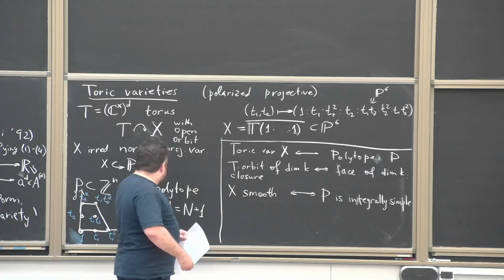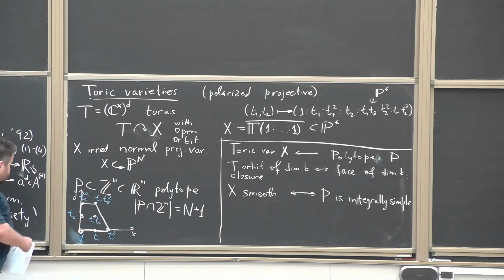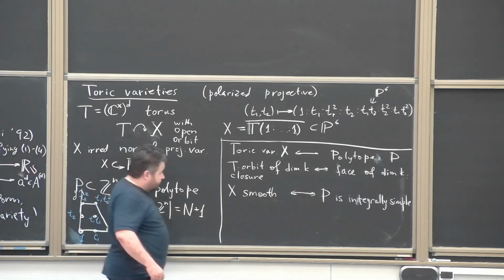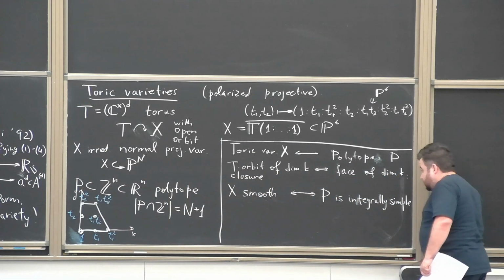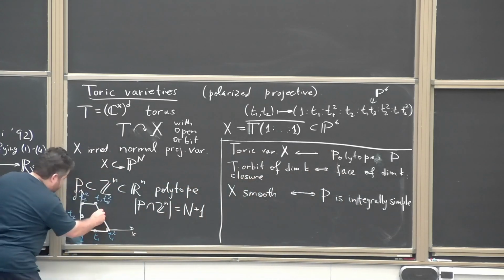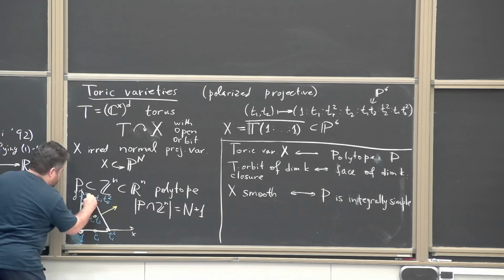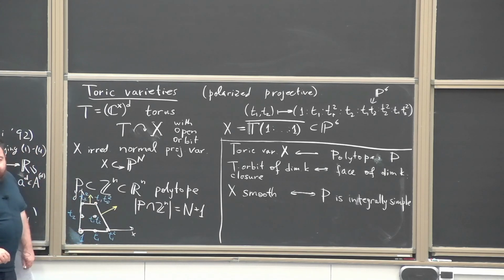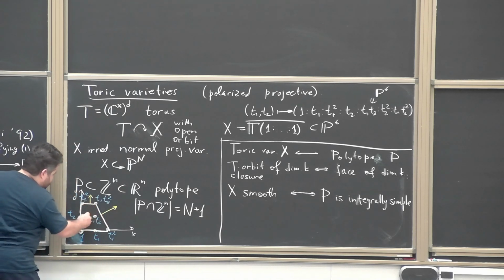And integrally simple is the following. For each face, you can take the normal vector of smallest length, the primitive normal vector.